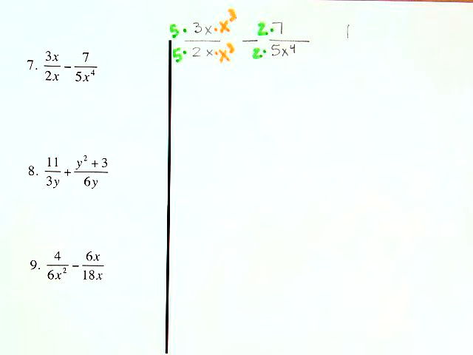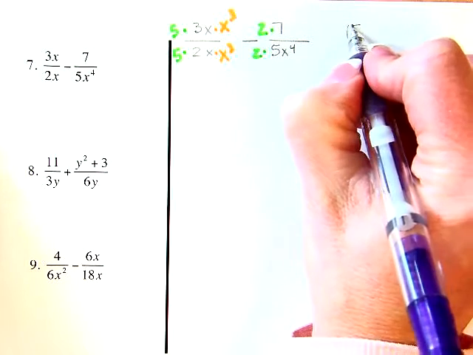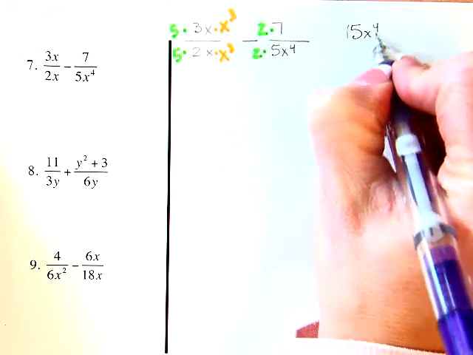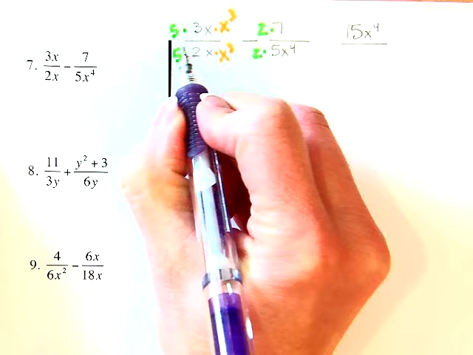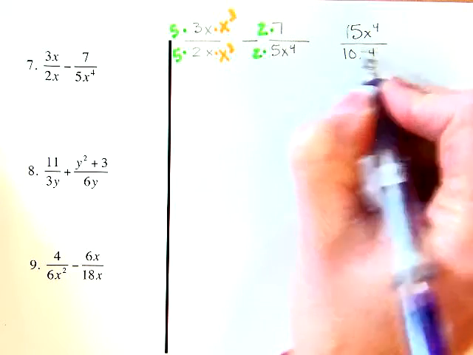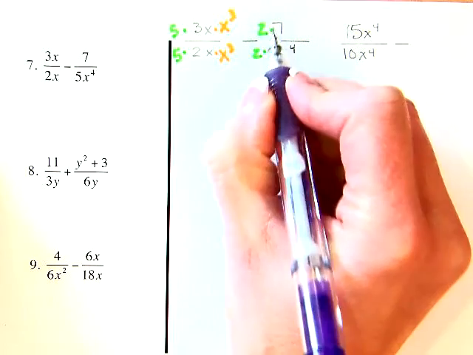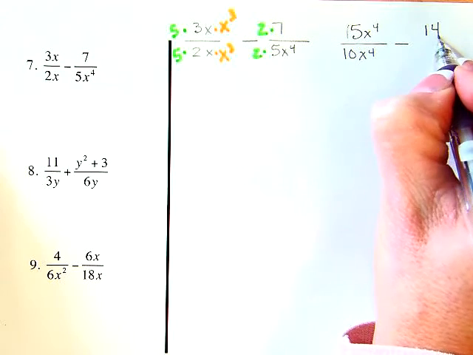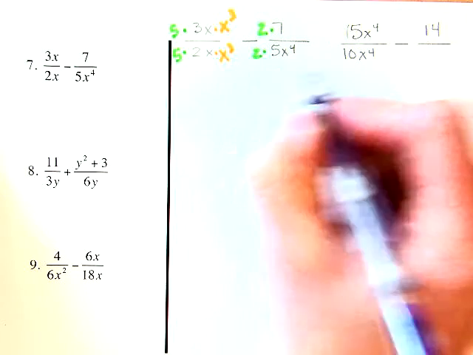Okay, here we go. So 15x to the 4th over 10x to the 4th minus, and here I have a 14 over 10x to the 4th.